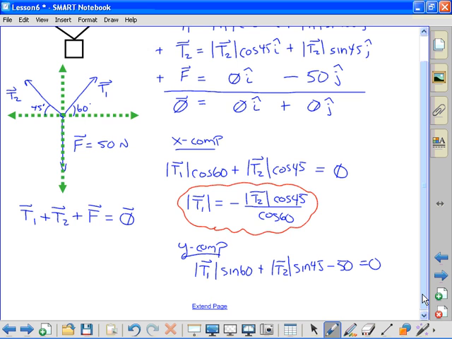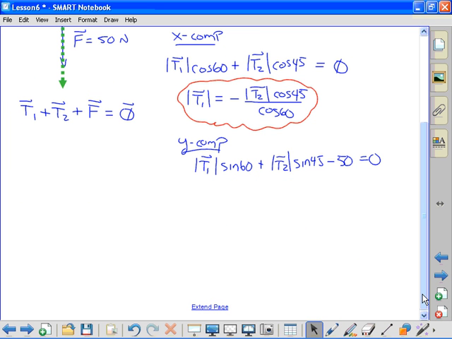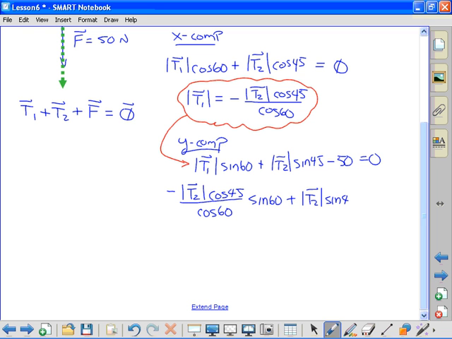So now I'm going to clean this equation up, and what I'm going to do is replace T1 with the value here. So now it becomes negative magnitude of T2 cos 45, so I'm just doing the substitution at this point, over cos 60, multiplied by sine 60, plus magnitude of T2 sine 45, and I'll move that 50. I'm going to add 50 to both sides.